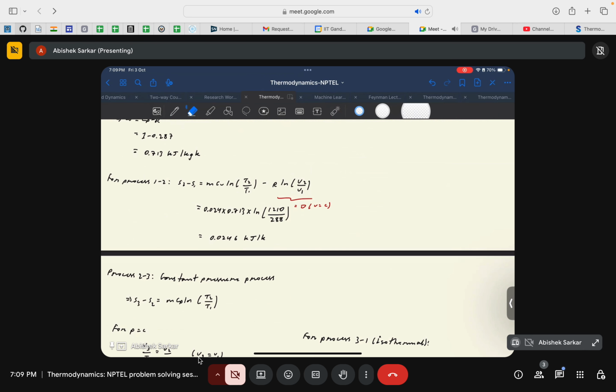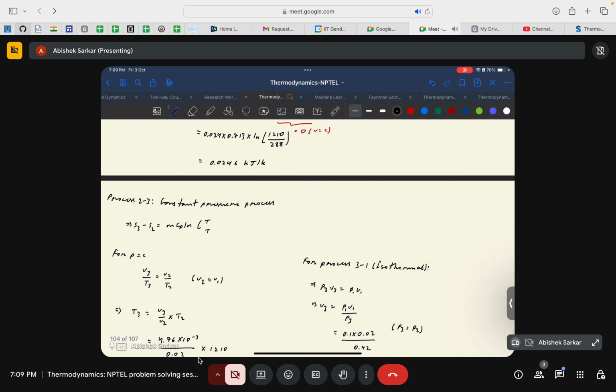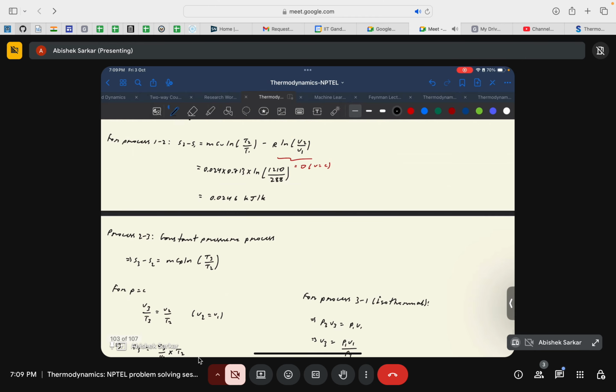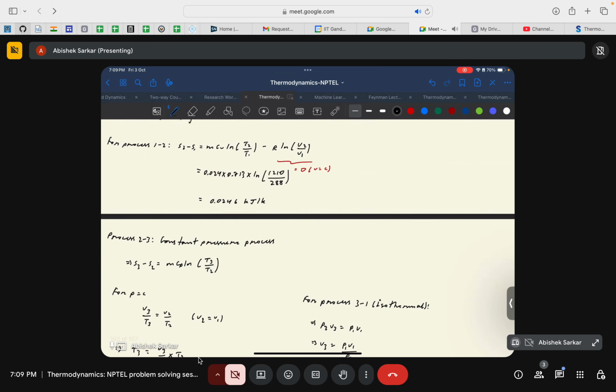I have messed up the indexing, so I'm just correcting it now. So it would be Cp ln T3 by T2, and there's again a plus R ln P2 by P1. This term is there.